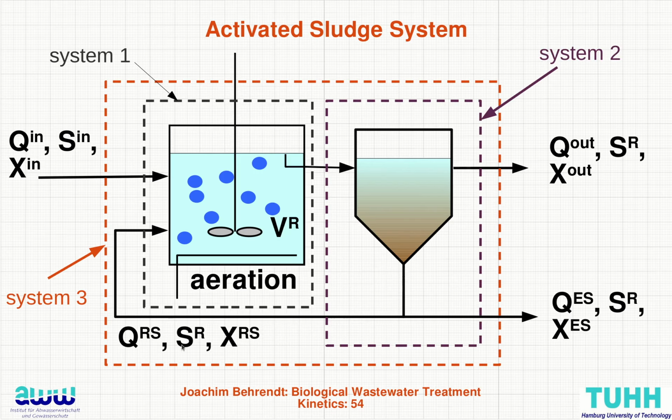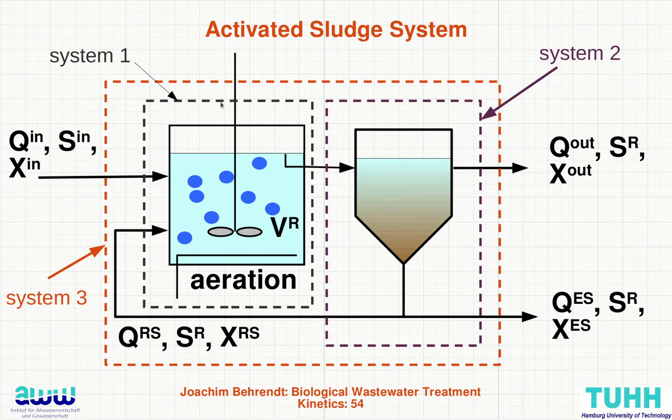Yeah, now we are doing a sketch of our activated sludge process in the easiest form. There we have our reactor, and the outflow of the reactor goes to the clarifier. Finally the thickened sludge is brought back, one part, but there is still some part that is rejected as excess sludge. And of course we have an outflow. And if we are seeing a system like this, we have here different options to put the boundaries for our mass balancing.